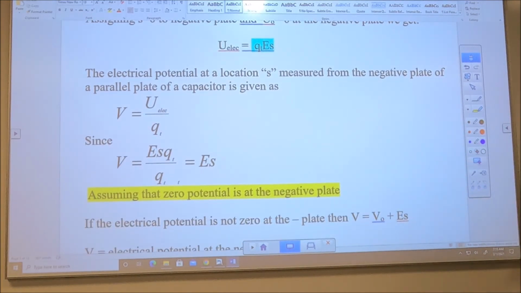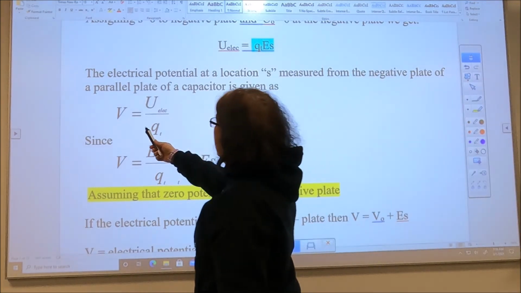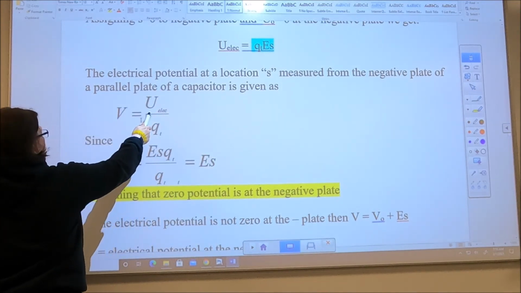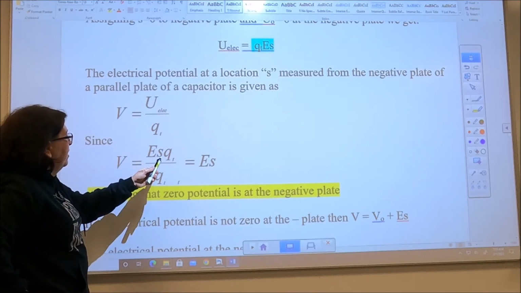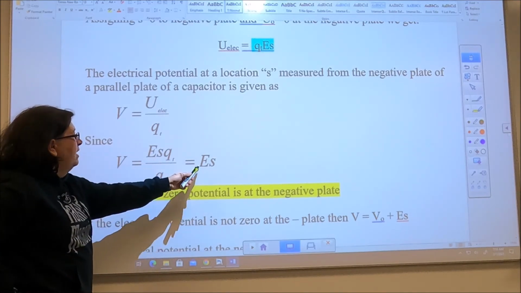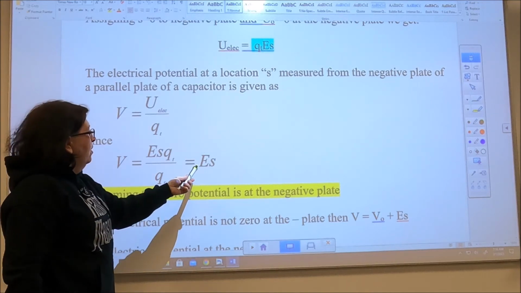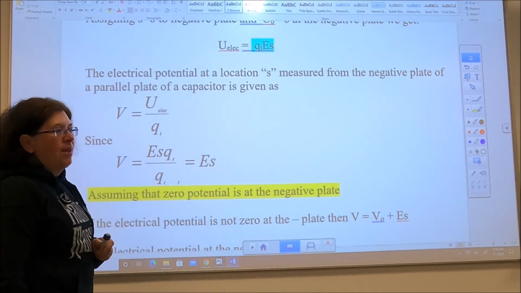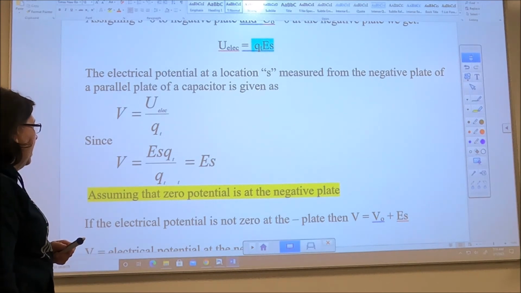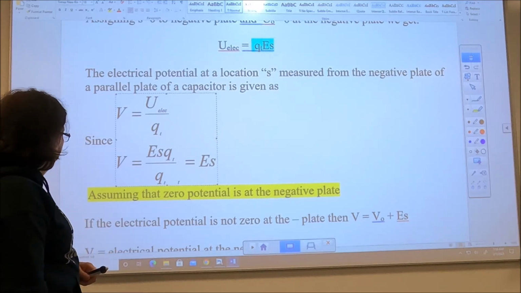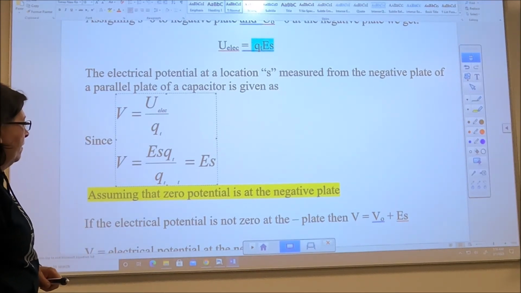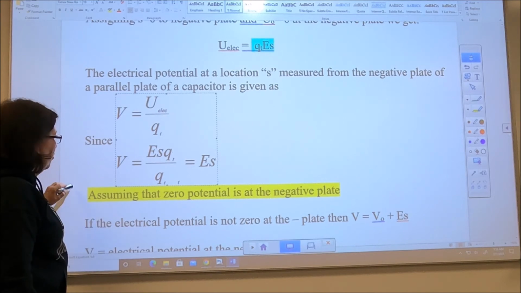The electrical potential at a location S is measured from the negative plate of the parallel plate capacitor. Then V is equal to U electric over Q test, or V is equal to E times S times Q test divided by Q test, or E times S. Strength of the electric field times our position from the negative plate, assuming that we have a zero potential at the negative plate.